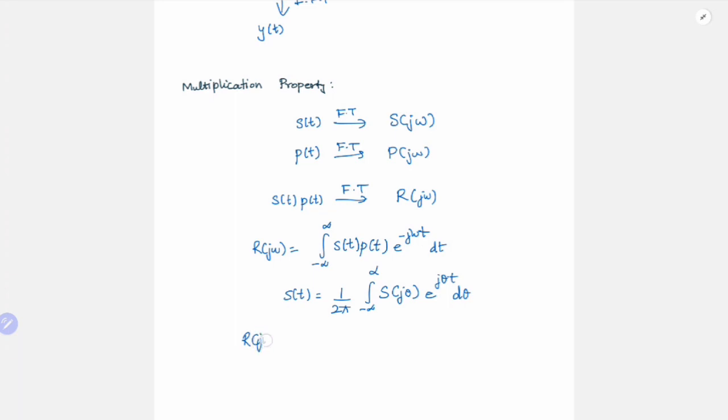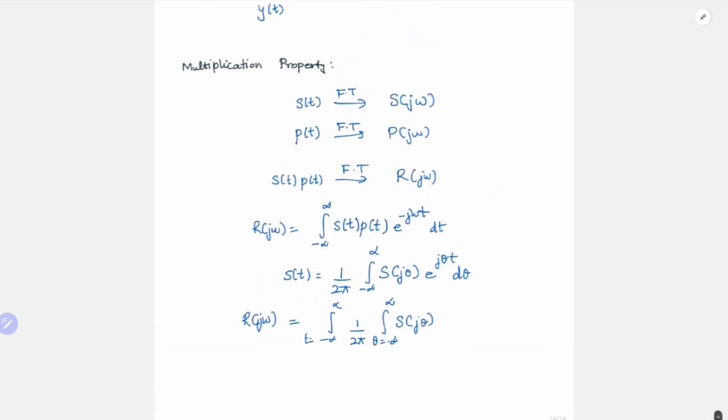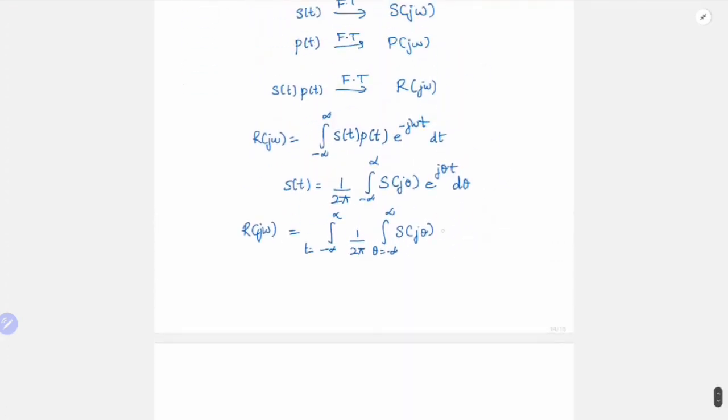So now if I substitute this here, I get 1 over 2 pi. Again, this integral is with respect to t, and this integral is with respect to theta. e power j theta t d theta into p of t e power minus j omega t dt.